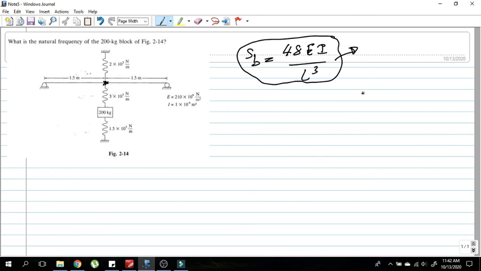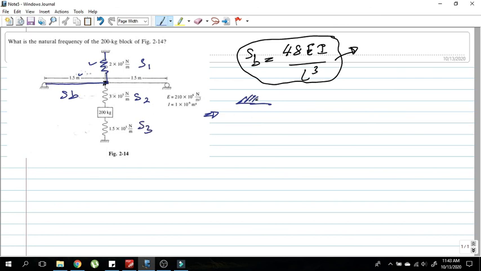Okay, so you can use this relationship to find the equivalent stiffness value of a simply supported beam at its midpoint. Okay, now just like in the previous case, in this one also, this beam and the upper spring form a parallel spring system. Therefore we can simplify this system. I will take this as SB, S1, S2, S3.